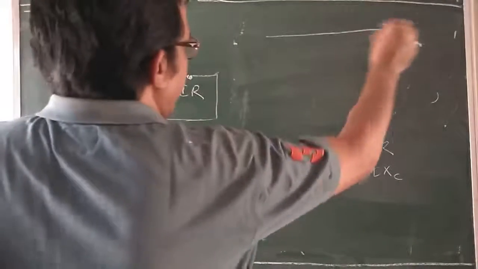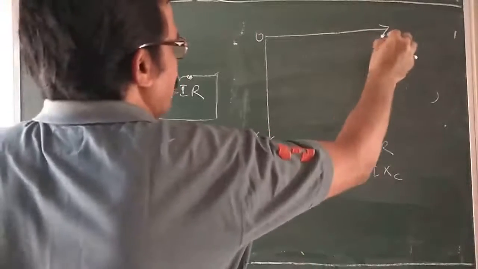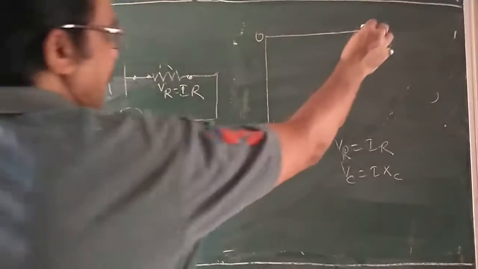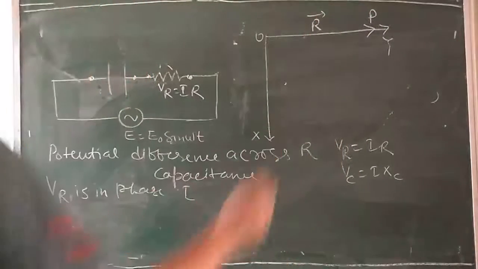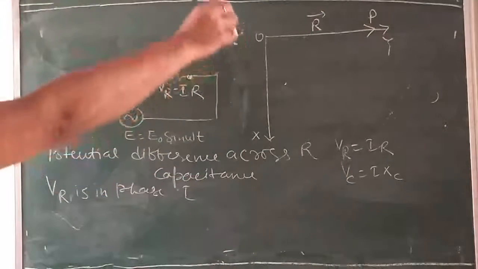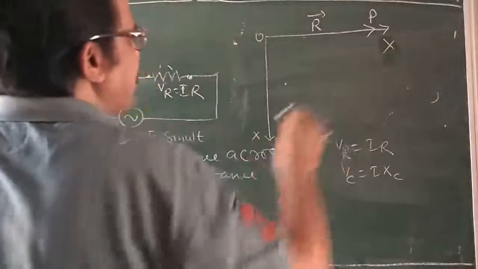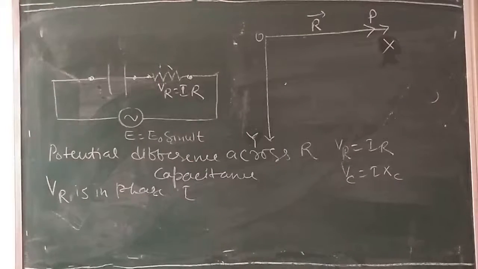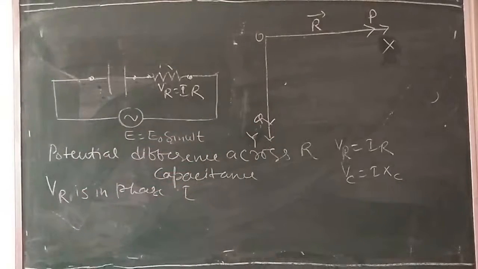Here say our OX, and here it is OY. Along OX, suppose I am taking a vector OP that represents VR. This is X and this is Y generally. So along OY, suppose the vector is OQ. It is represented by VC.